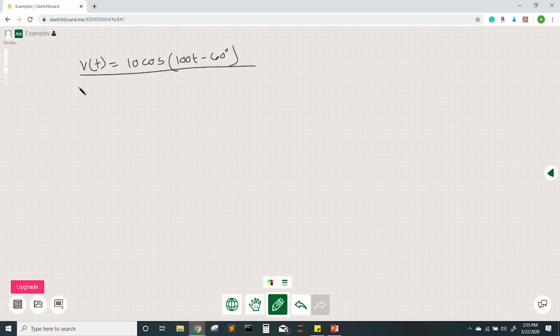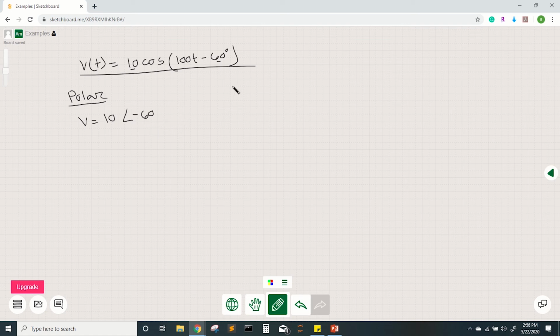This is our given signal, and we are going to convert it to polar form. You take this V as it is and take this minus 60 degrees. So this is our polar form of this signal.